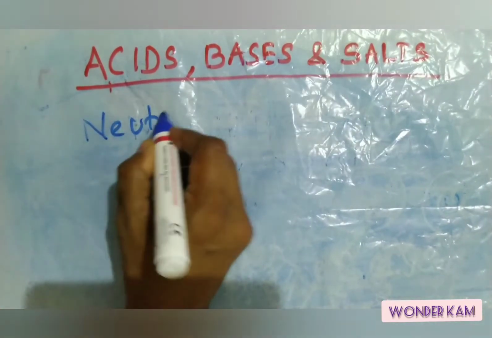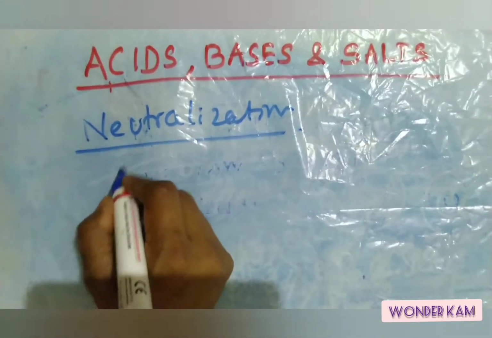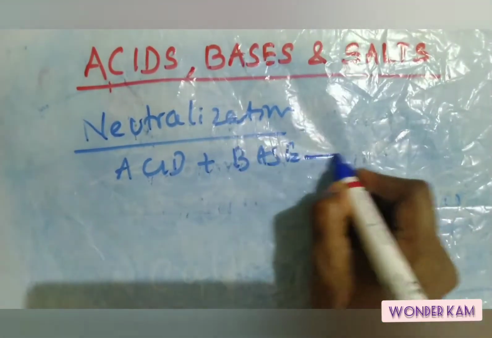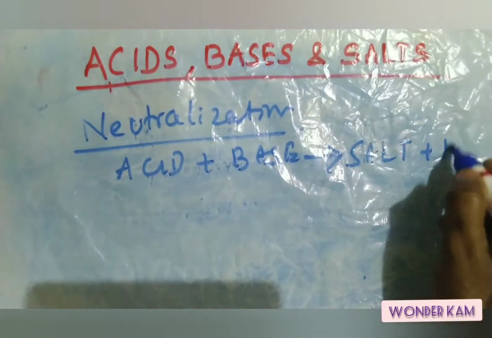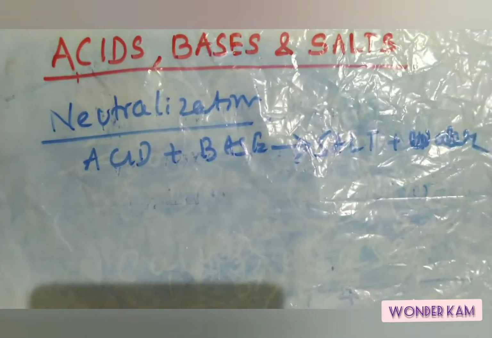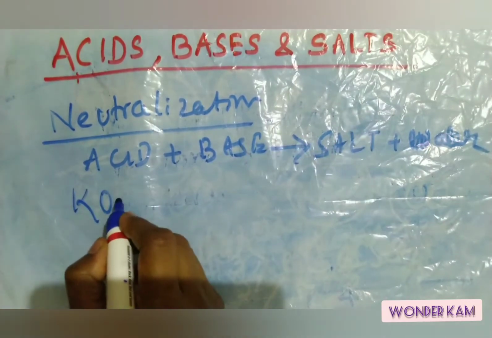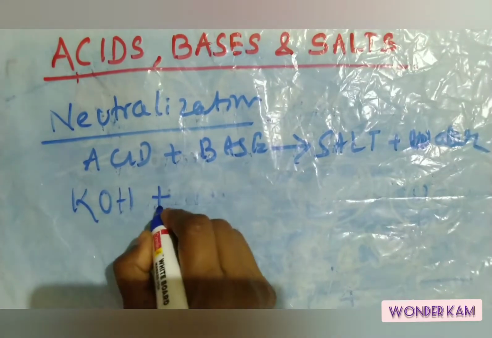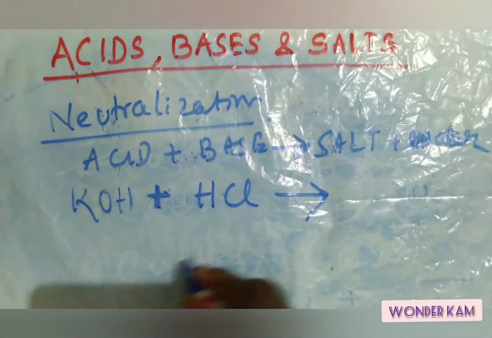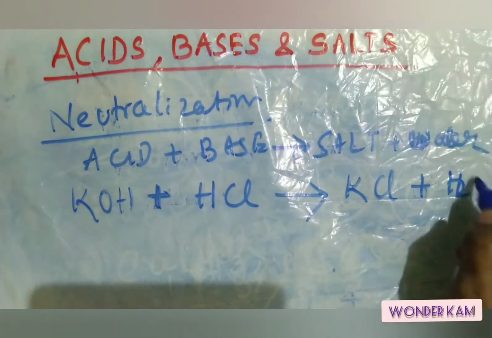Salts are prepared by the neutralization reaction. That is, when one acid reacts with a base, then salt and water are formed, isn't it? Water is the other product. So if we take suppose one base KOH and the acid HCl, then we will get the salt potassium chloride plus water.